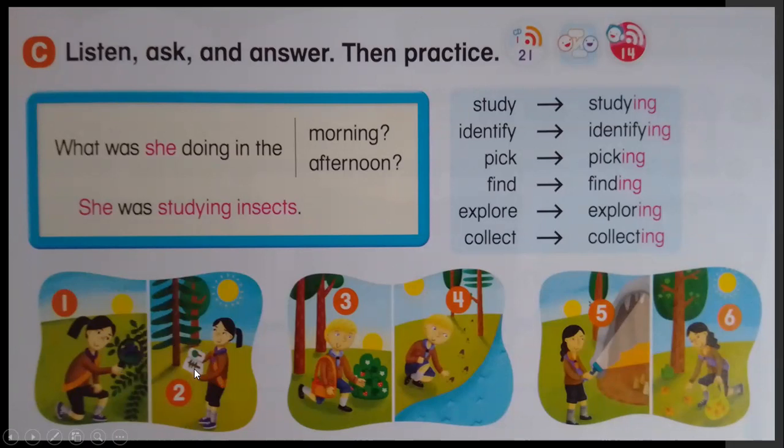She was identifying trees. But one more time, remember, we add the ing. Look here, this little box. Studying, identifying, picking, finding, exploring, and collecting. Everyone must be added the ing.